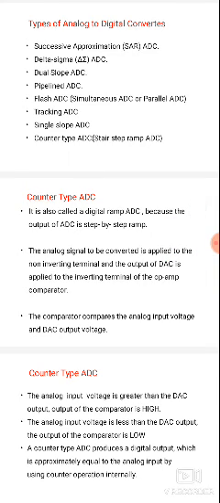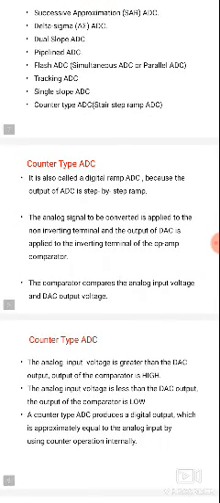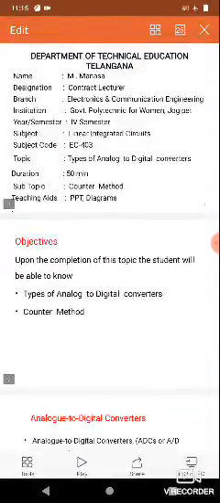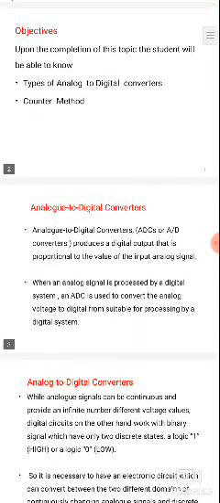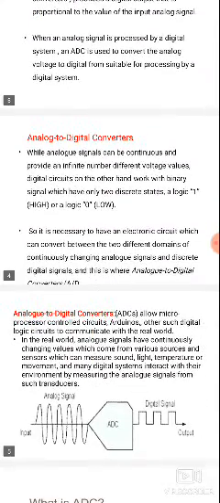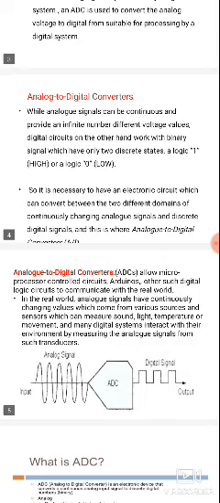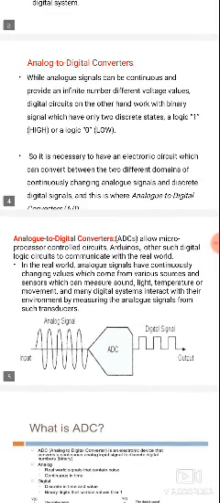So now I am going to explain the counter type analog to digital converter. Before starting, we have already covered analog signals, digital signals, and analog to digital conversion. For analog to digital conversion, we take an electronic circuit whose input is an analog signal, which is converted into a digital output.